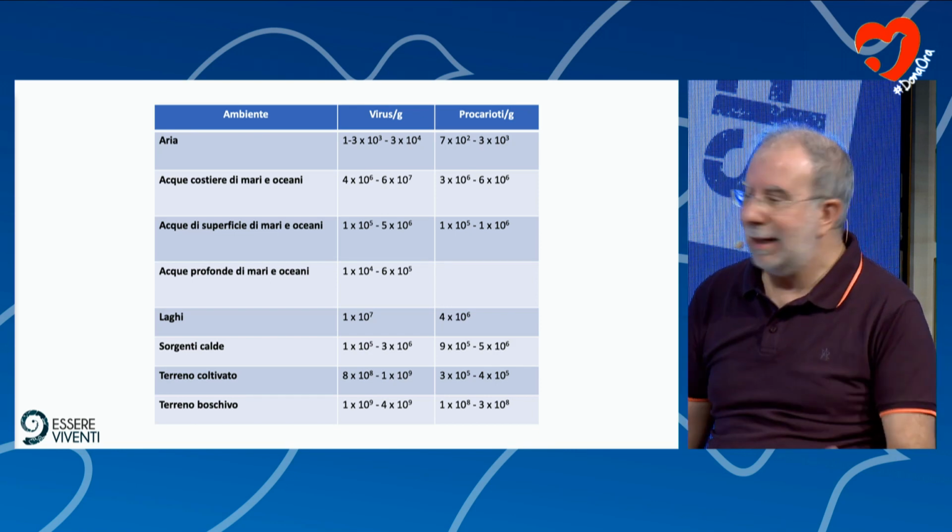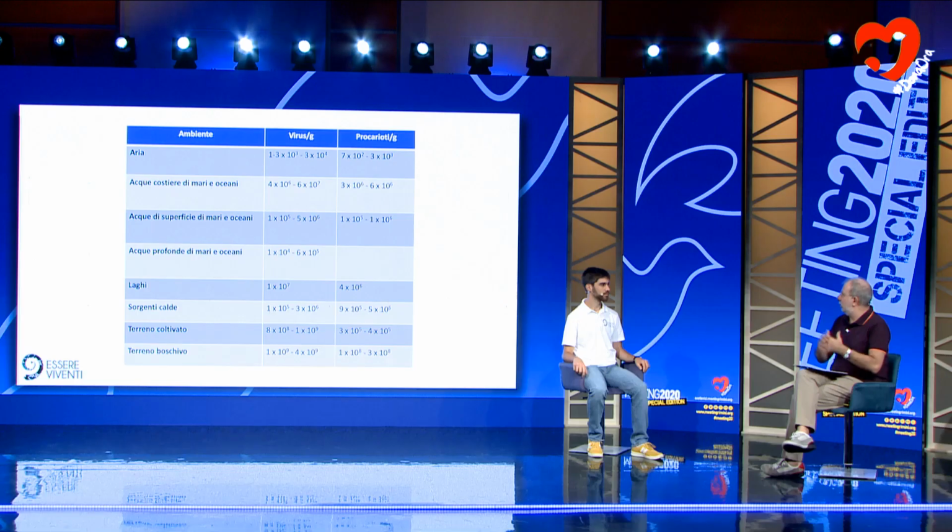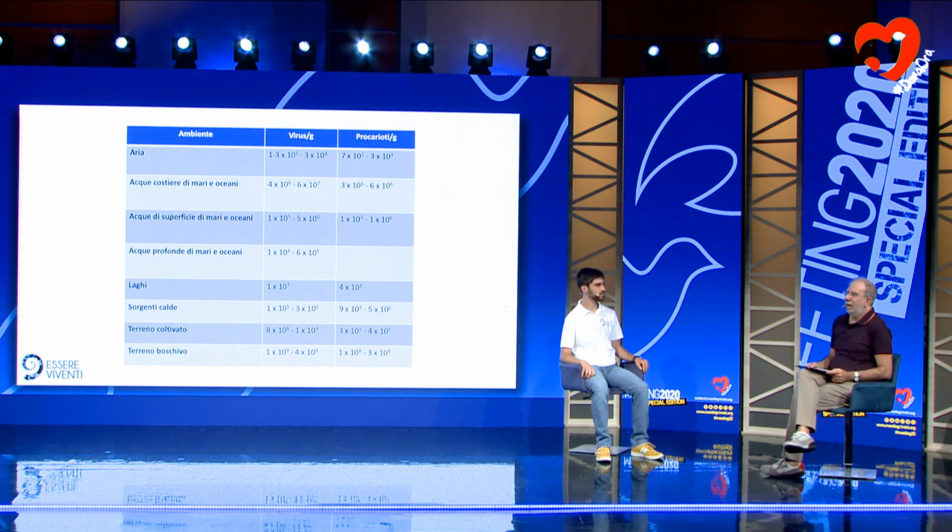and they are also present in hot springs, rivers, and lakes, but also in soils, for instance, in arable land or in woodland. But they are present also inside our bodies, and since they are so widespread, they have a role that is important for our ecosystem. I'll just give you one example. There are so many examples, actually.